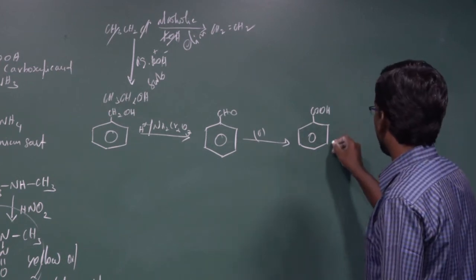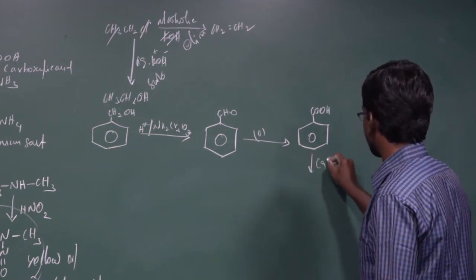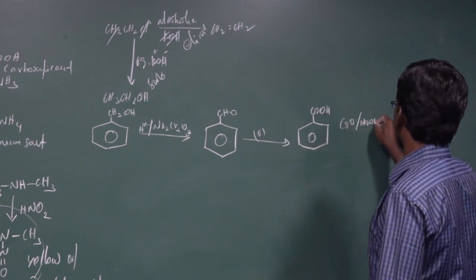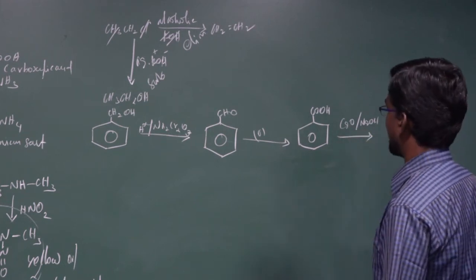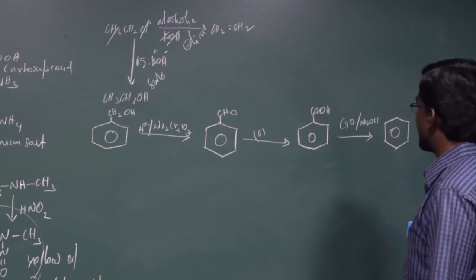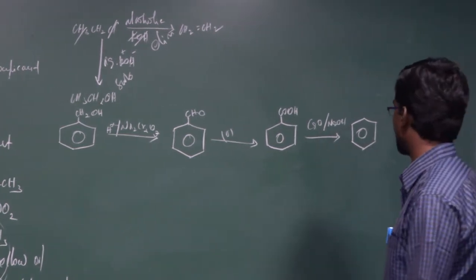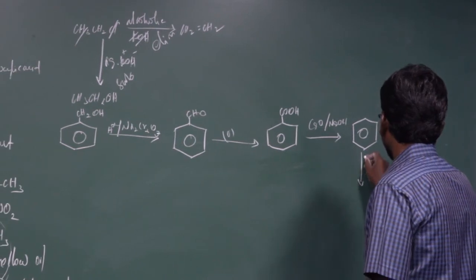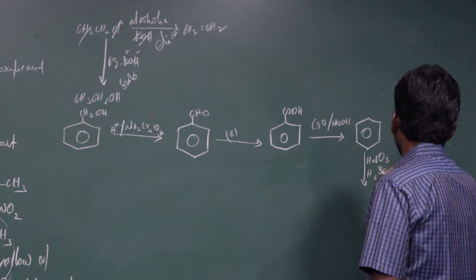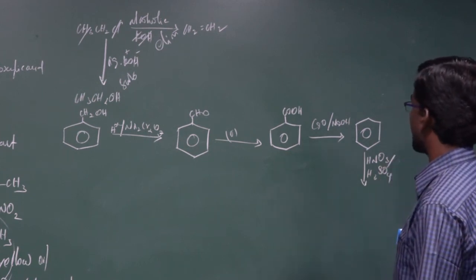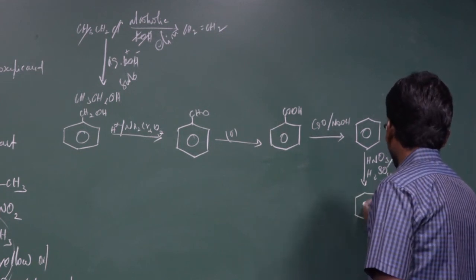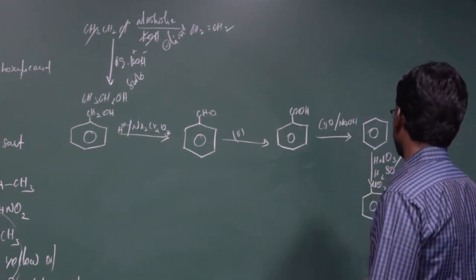Benzoic acid is treated with calcium oxide, CaO, and sodium hydroxide. It is a decarboxylating agent, removing carbon dioxide to form benzene. The benzene further reacts with concentrated nitric acid, HNO3, and concentrated sulfuric acid, H2SO4, to form nitrobenzene, NO2.